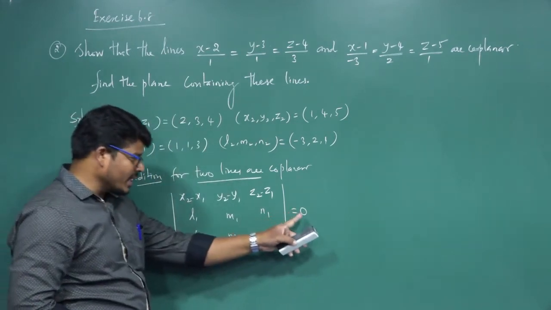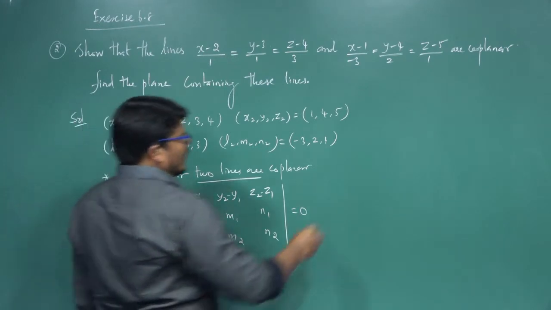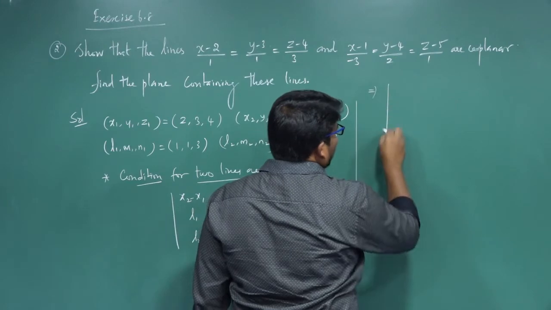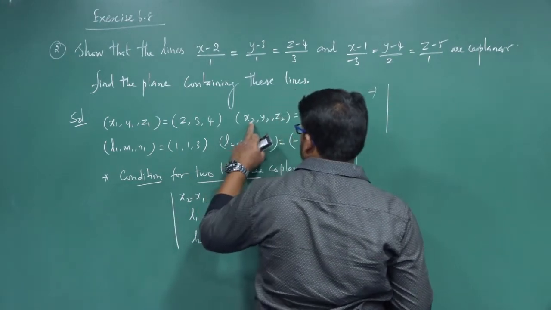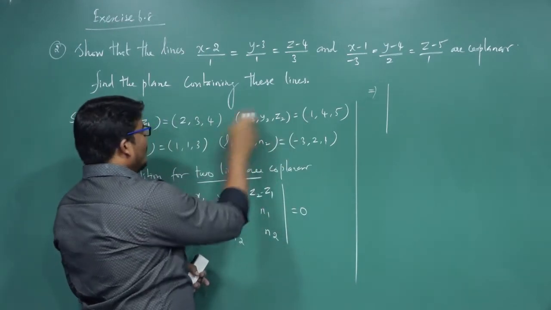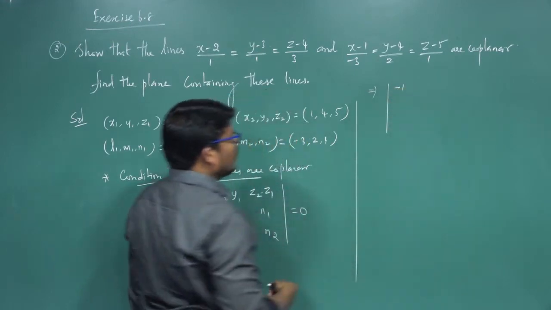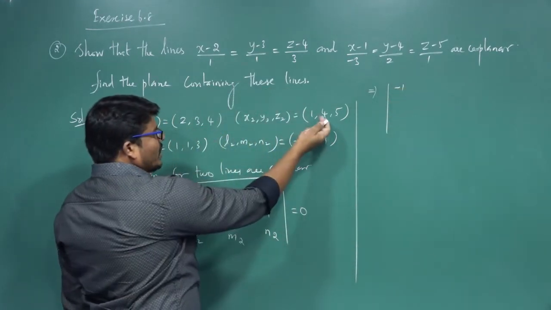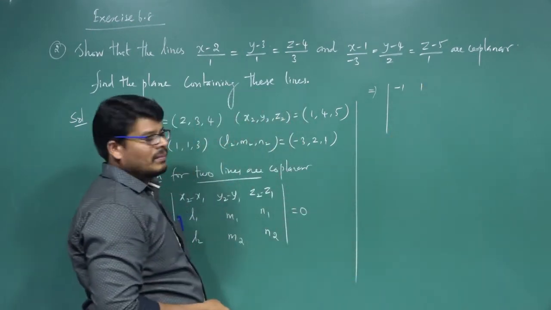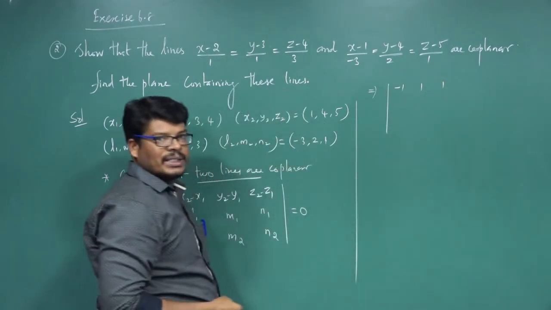The result should equal 0, given the two straight lines are coplanar. Now check by substituting the values. The determinant has the rows x2 minus x1, y2 minus y1, z2 minus z1, which are 1 minus 2, 1 minus 2 minus 1; 4 minus 3, 4 minus 3, 1; 5 minus 4, 1.